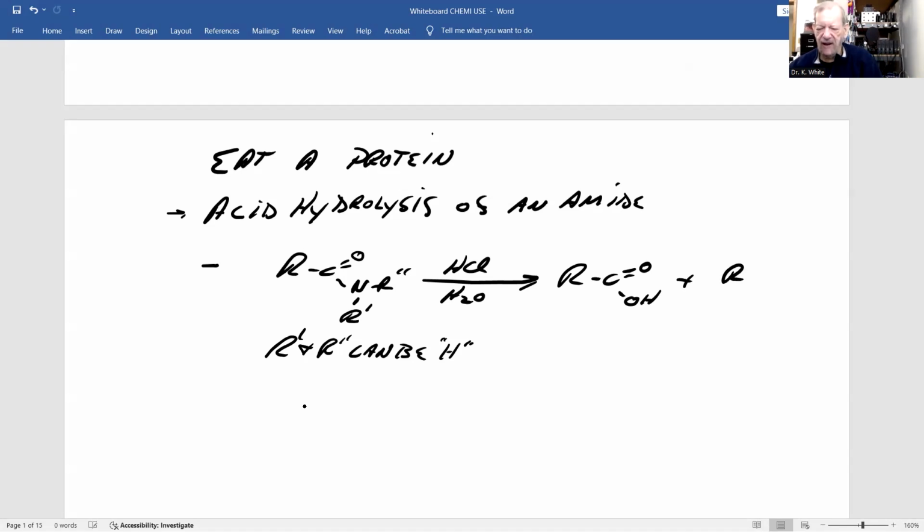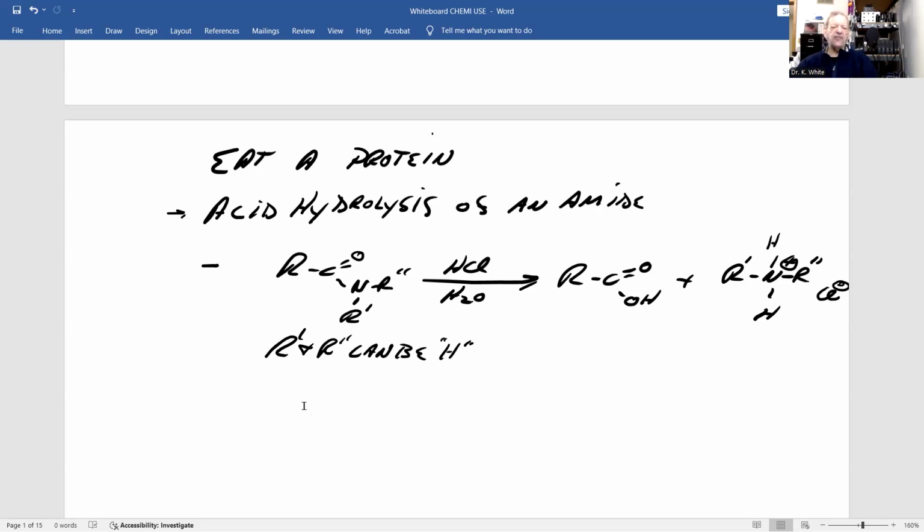But the amine you get back is a base, and it reacts with the HCl in your stomach to form this amine salt. And if you don't want to put charges, you don't have to, but I do because I think it's cool.